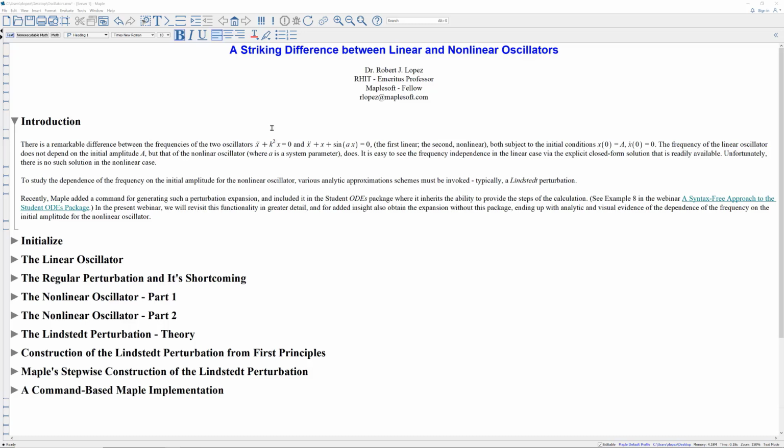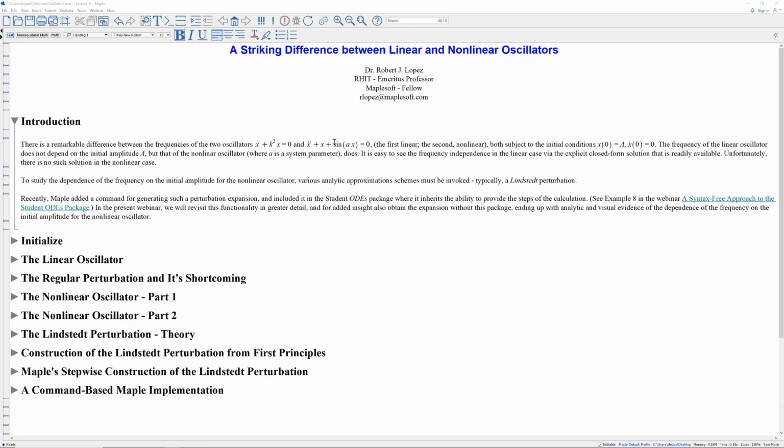The frequency is independent of the initial amplitude. But for the nonlinear oscillator, and here's an example, there is a dependence of the frequency on the initial displacement. That took a long time to sink into my head, that fundamental difference.